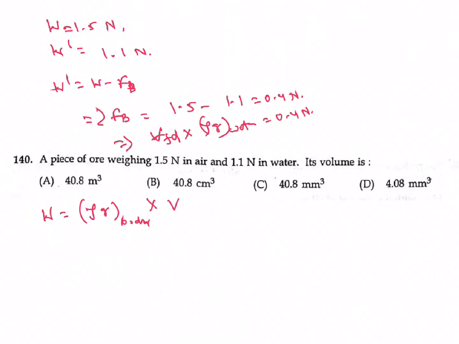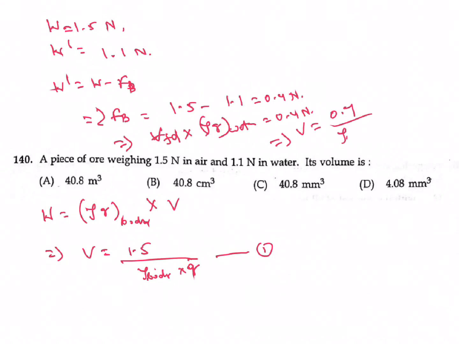From here we get volume equal to W, 1.5 Newton, by rho of body into g. g is the gravitational constant, this is fixed. Let this be equation 1. From here you can write V equal to 0.4 by rho of water into g. This is equation 2.